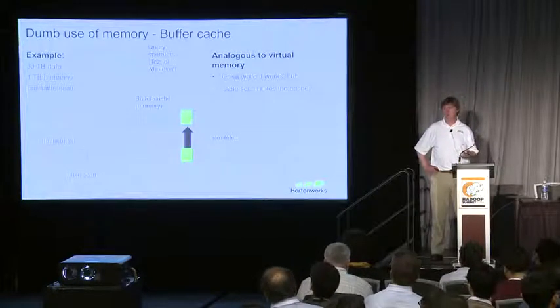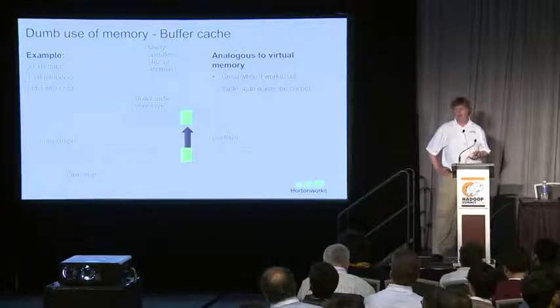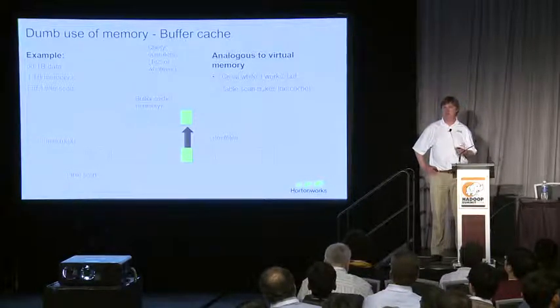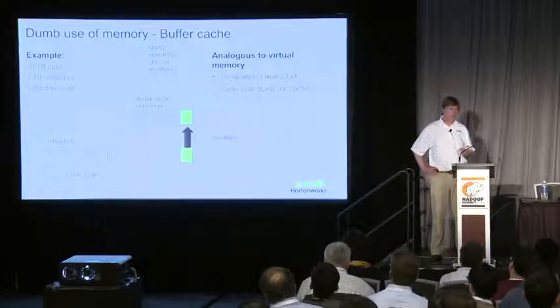So here's one dumb way to use memory. This is how Hadoop mainly uses memory today: buffer cache. That is, keeping copies of blocks you've read from disk in memory. Take a simple example; you can multiply these numbers by a factor, it still works out the same way.